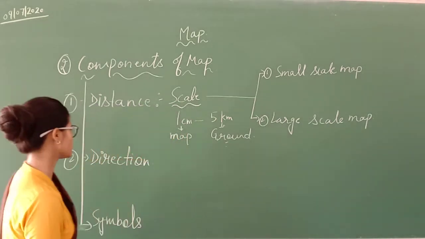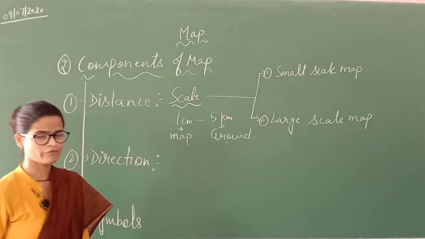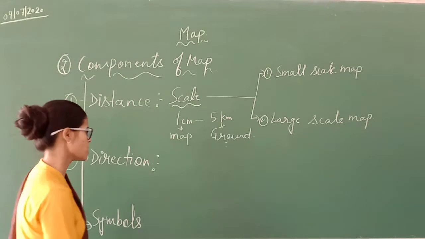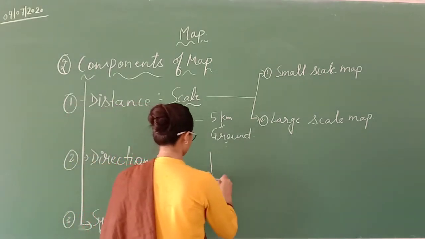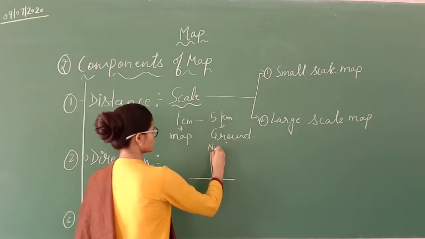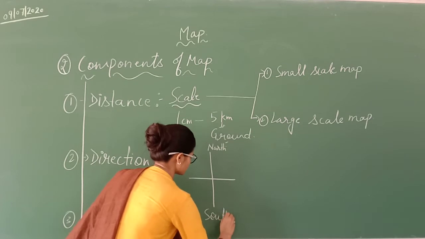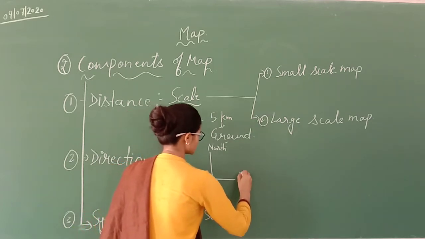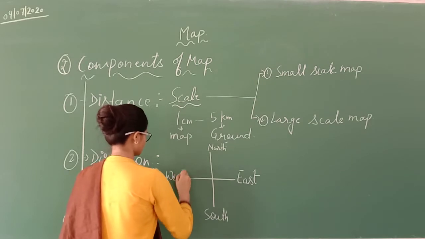Now the second point is direction. As you all know, we have four main directions. What are those four main directions? First is north, second is south, east, and then west.